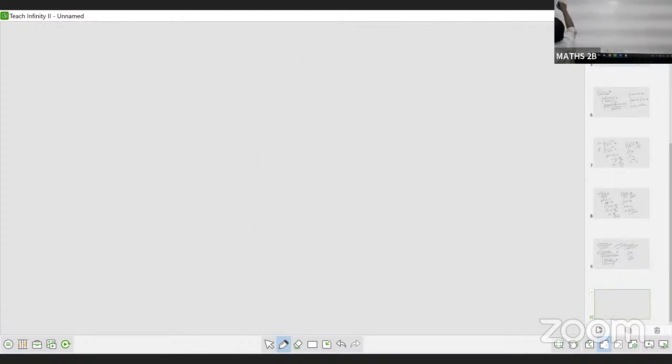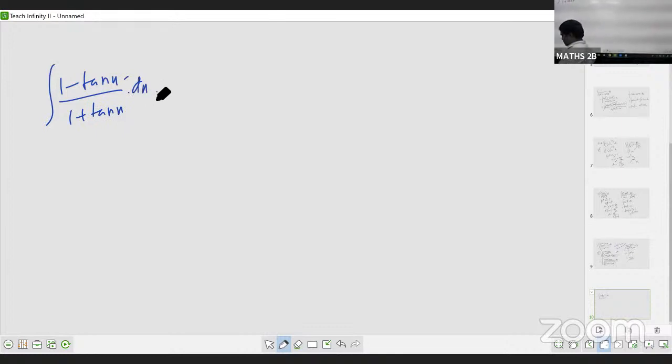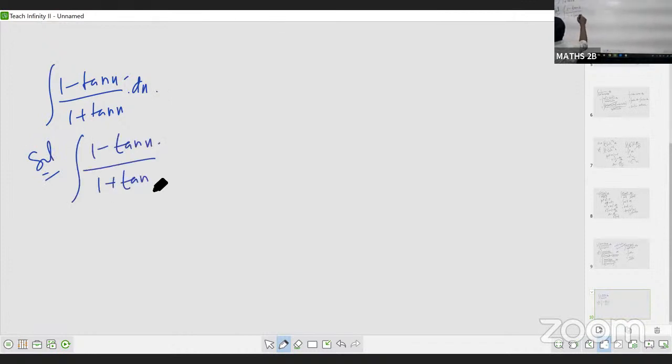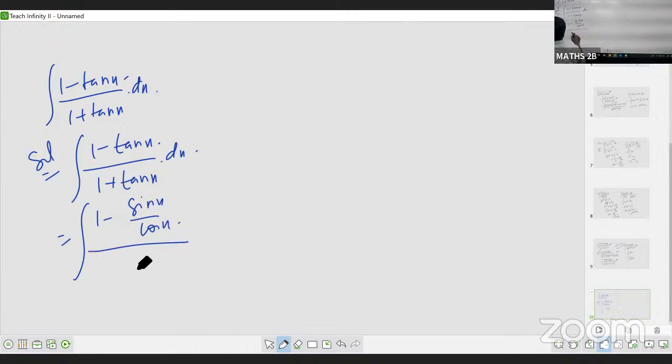Next, integration of 1 minus tan x by 1 plus tan x dx. 1 minus tan x, you write it as sin by cos, 1 plus tan x, this is sin by cos, dx.